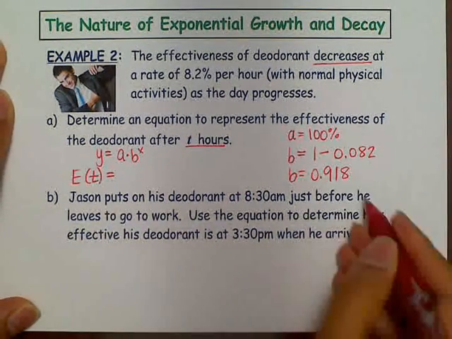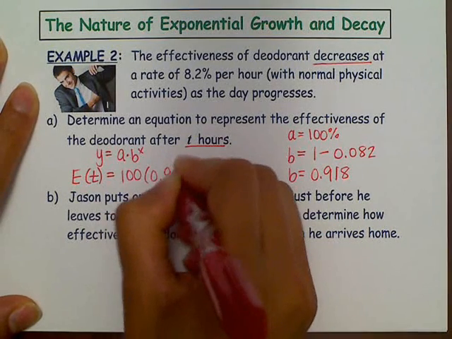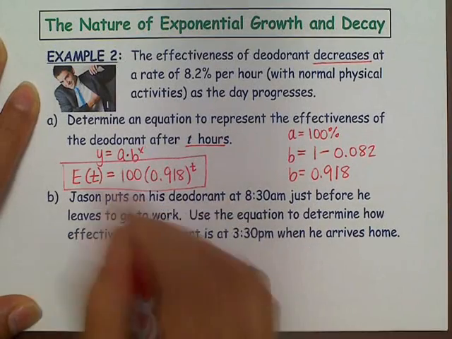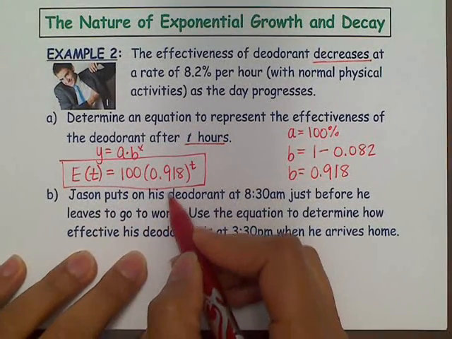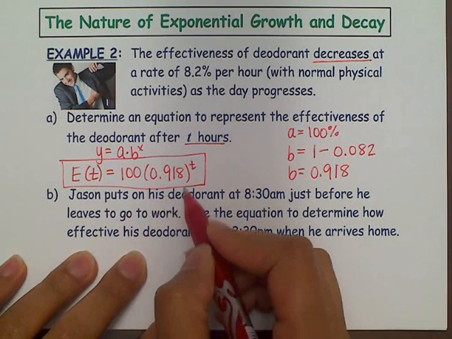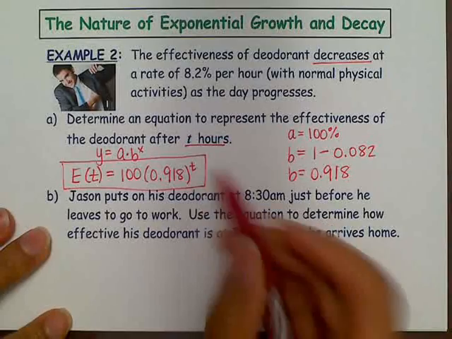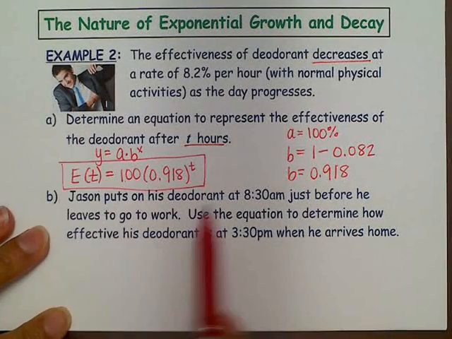And if I plug in these numbers, I can come up with the equation to represent the effectiveness of the deodorant. So I get 100 times 0.918 to the exponent t. Okay, so the effectiveness starts off at 100% and then decreases by 0.918. That's our decay ratio, depending on how many hours we're looking at.